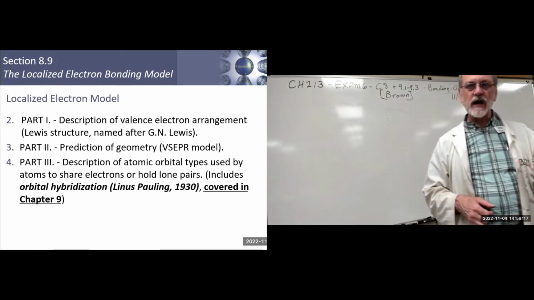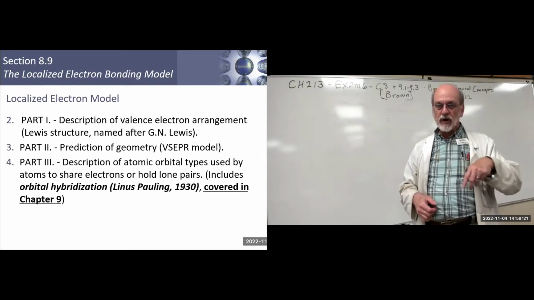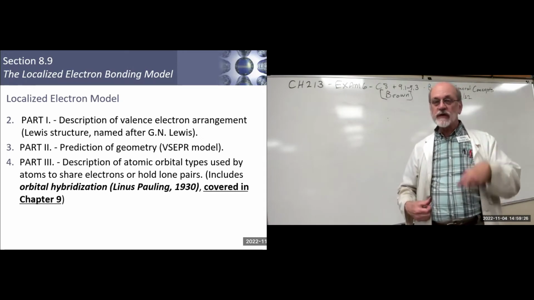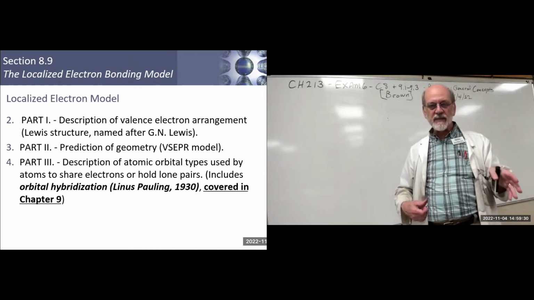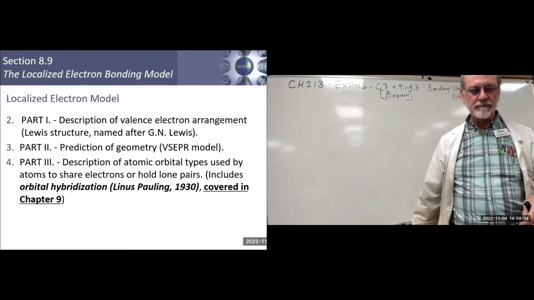That's called a Lewis dot structure. Then in part 2, we're going to take that information and predict their geometry using the Lewis dot structure and a new model, the VSEPR model. And I'll tell you what that means in just a minute.